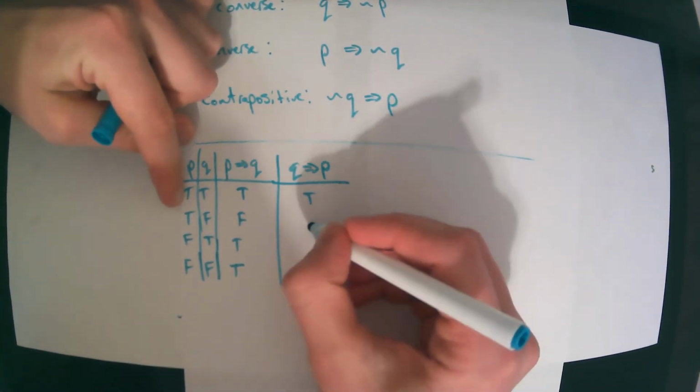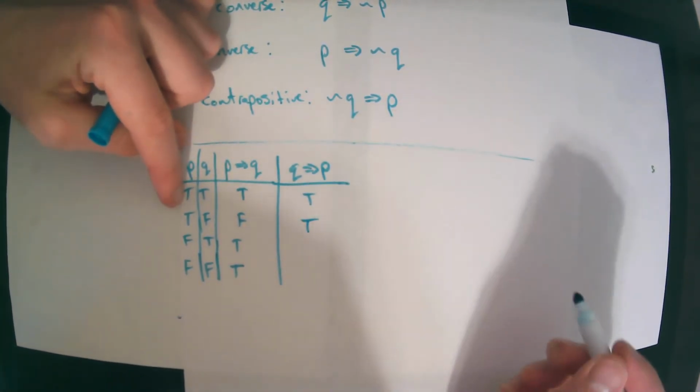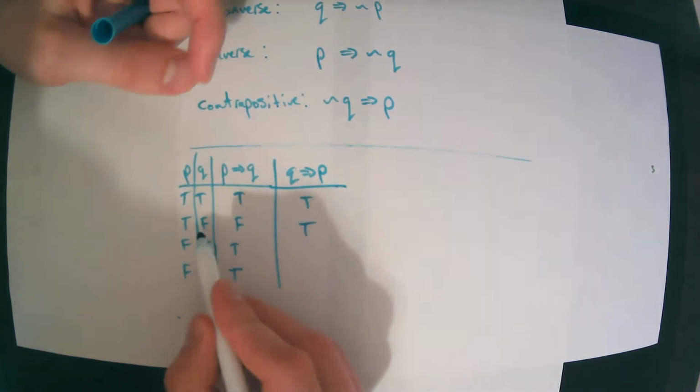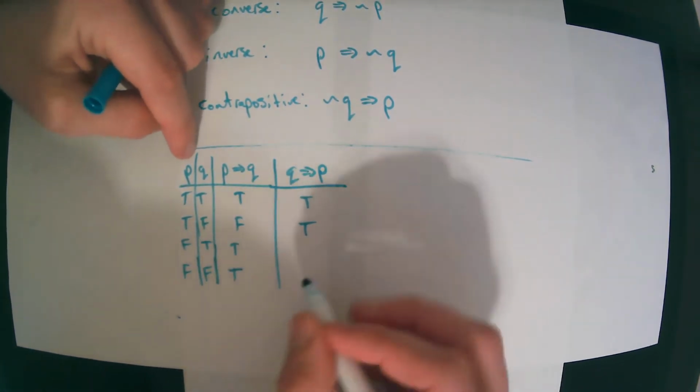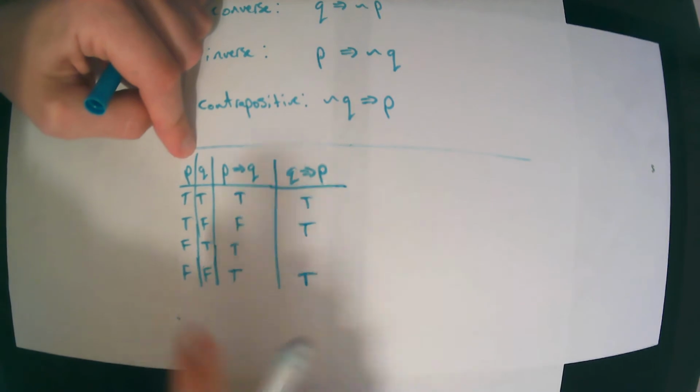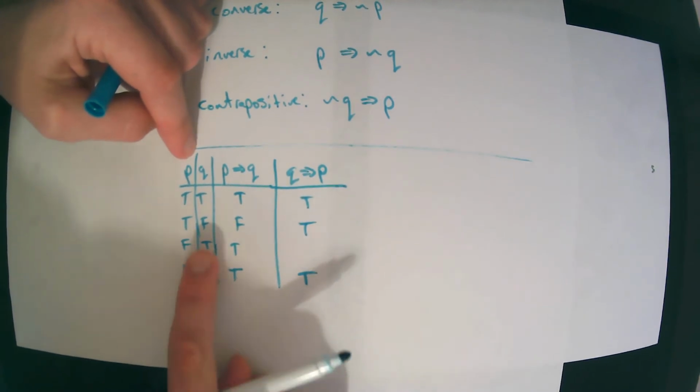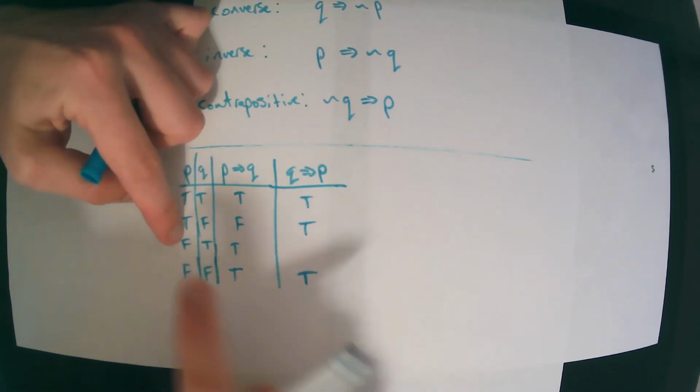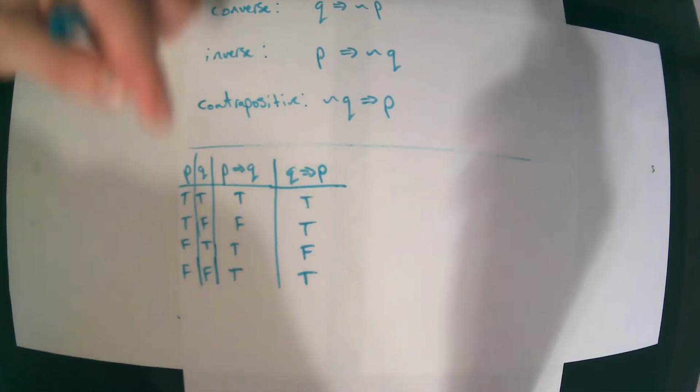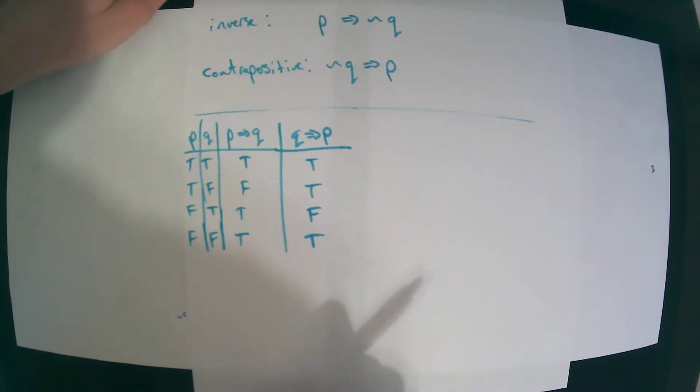False, true, that's fine. That's one of those vacuously true cases, right, where the first statement in the conditional is false. In fact, that would mean this one is true as well, because the Q is false here, right? But this one is true, false. That's going to be false. Since the columns are not the same, these statements are not logically equivalent.